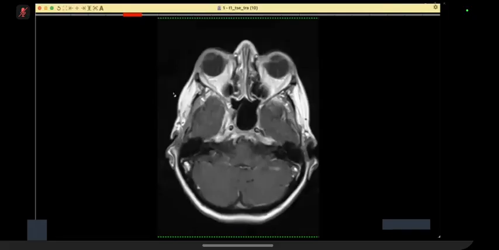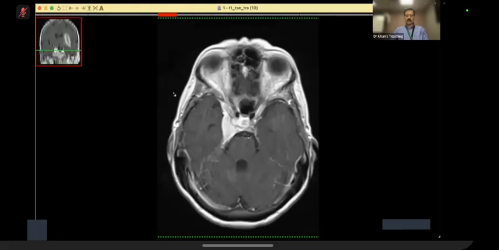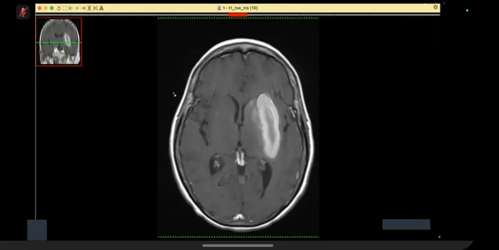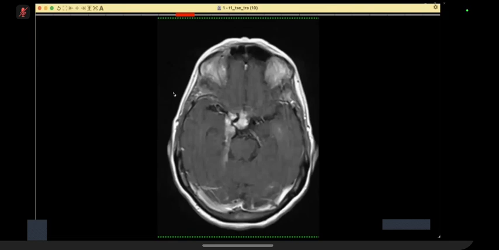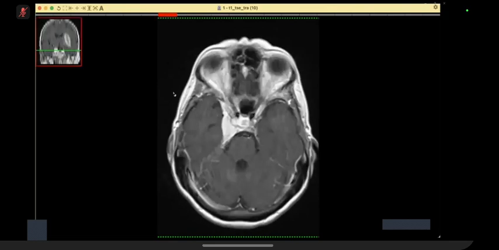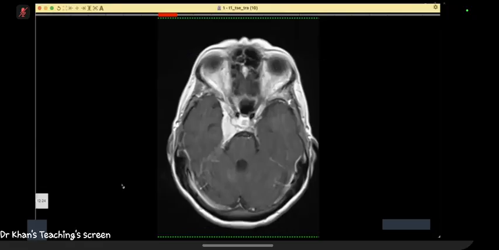Yes. Here in the contrast, I can see there is an abnormal enhancement in the area of the suprasellar cistern and the right cavernous sinus, which appears to be larger and sizable than the other side.